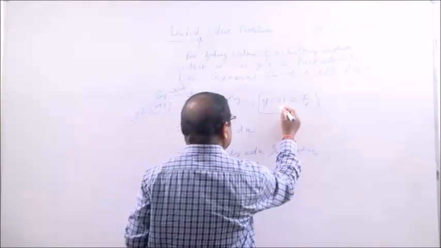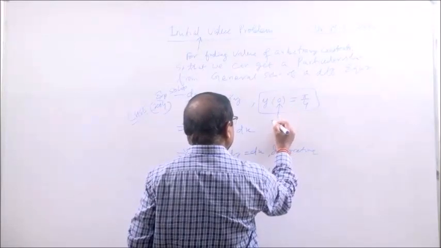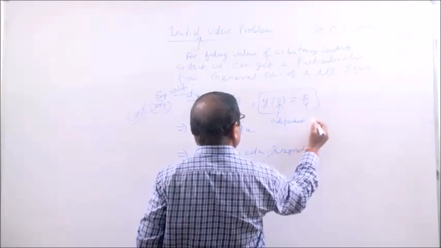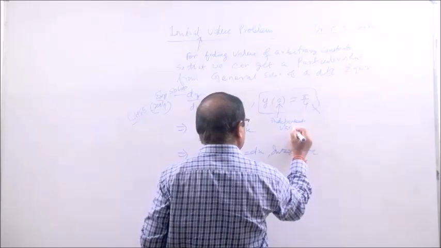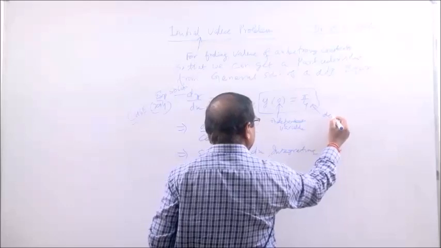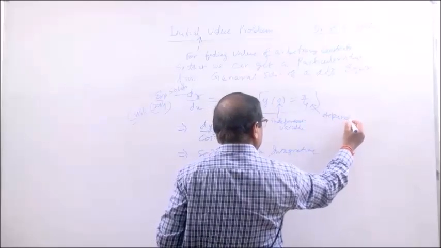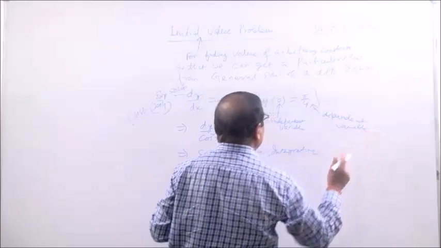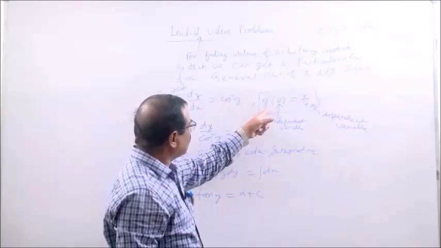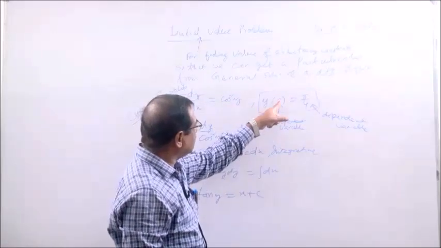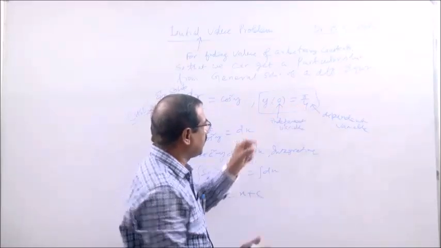You see, this value is for the independent variable, and this one is for the dependent variable. Wherever you come across a question like this in a differential equation, you mark which is the independent variable and which is the dependent variable.